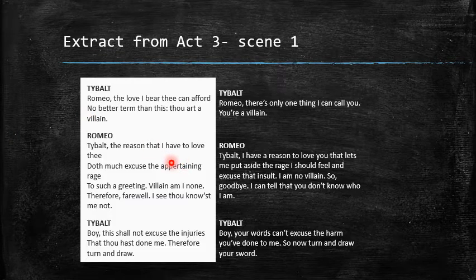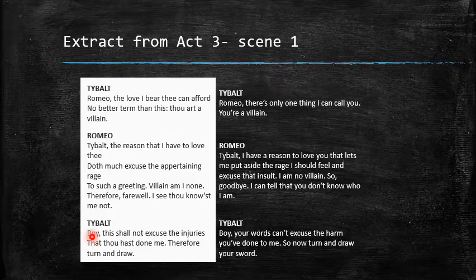So what we have here is Tybalt calling Romeo a villain. But Romeo says that he has a reason to love Tybalt that lets him put aside the rage he should feel and excuse that insult. He says that he is no villain, so goodbye. I can tell you that you do not know who I am.